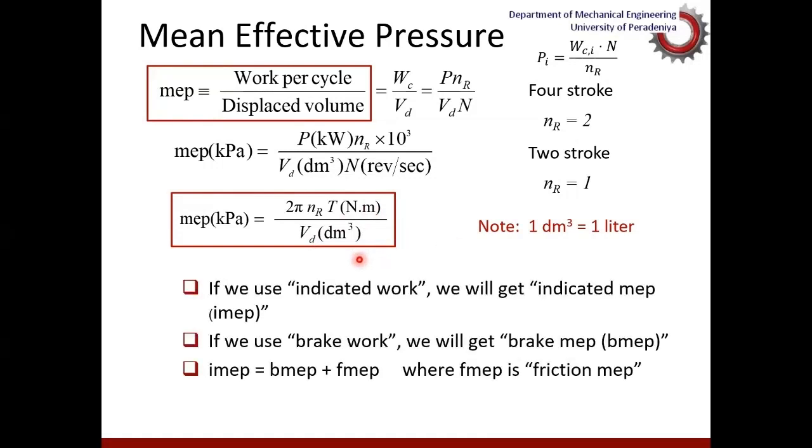So if you use brake power or the brake torque to calculate mean effective pressure, that will be brake mean effective pressure. If you use indicated power, indicated torque, that will be indicated mean effective pressure. So indicated mean effective pressure will be equal to brake mean effective pressure plus the friction mean effective pressure.